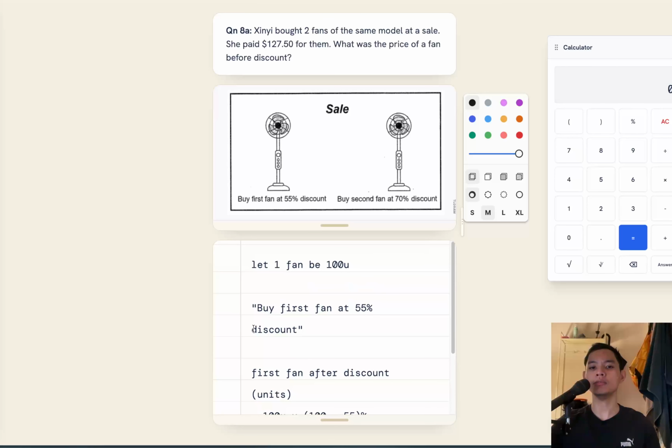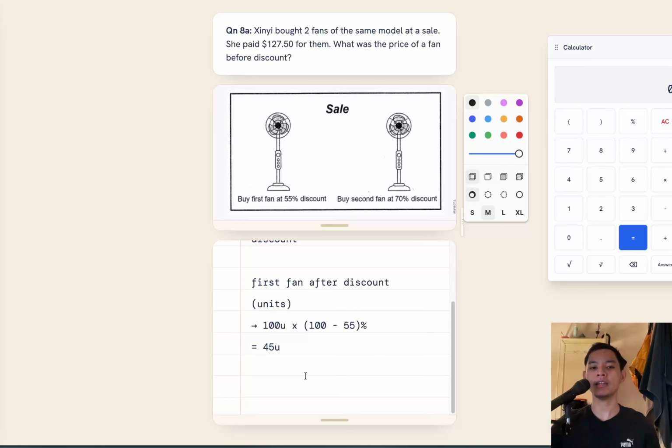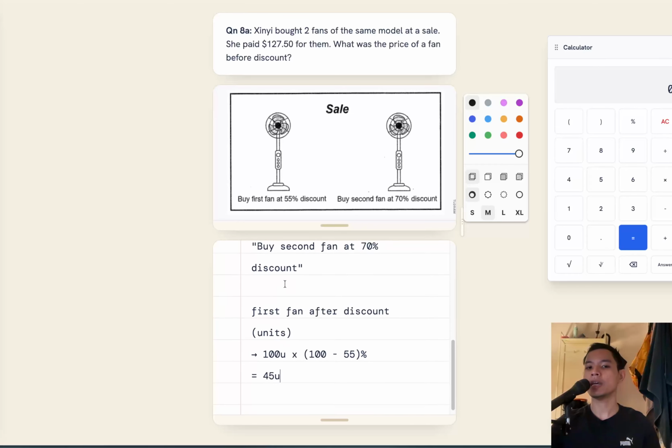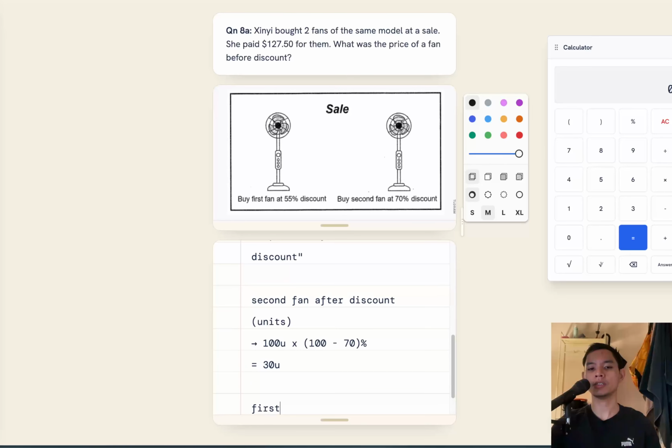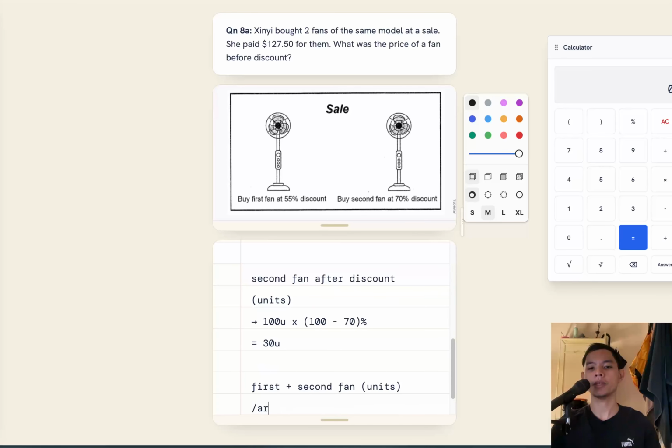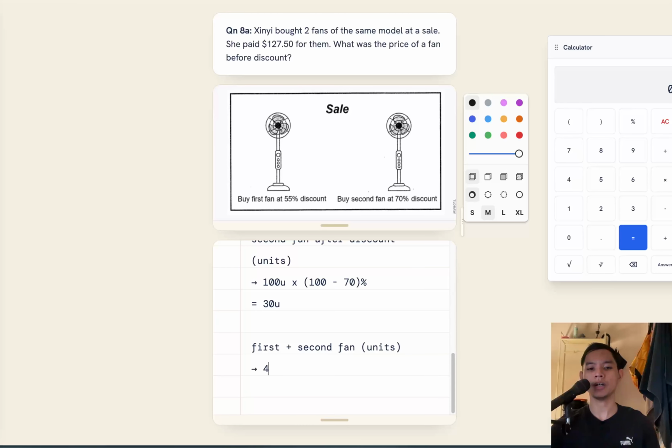Then the next one, buy second fan at 70% discount. So the second fan after discount in terms of units would be 100 minus 70%. This will give us 30 units. Therefore, first plus second fan in terms of units will be equal to 45 units plus 30 units.